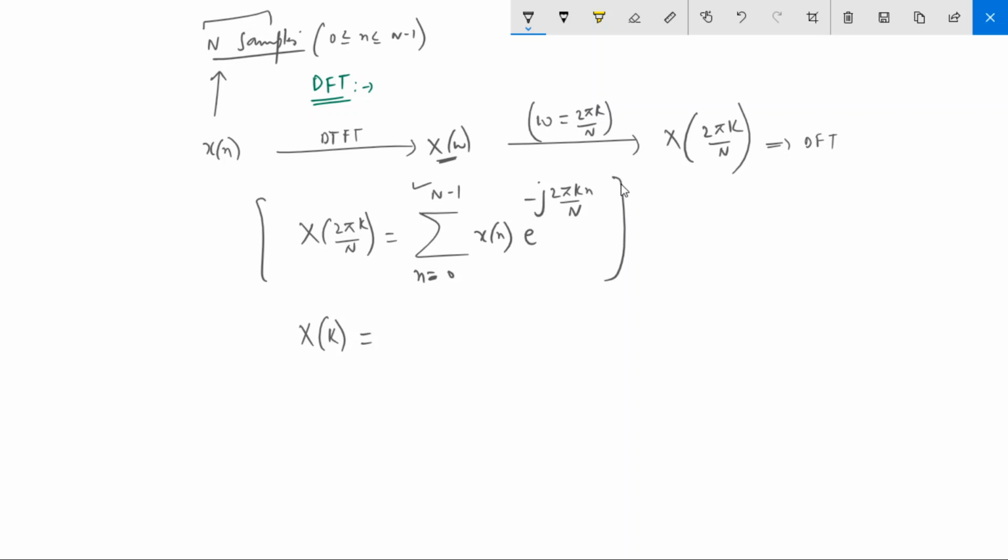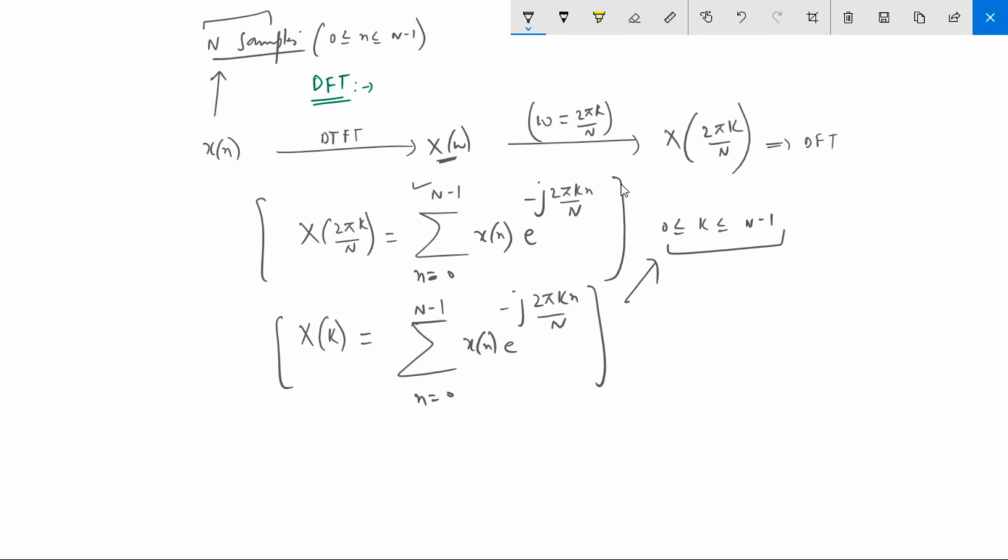We simply write the sample number, that is X[k], where k is between 0 to N minus 1. So you take N samples here. So X[k] is equal to summation of x[n] e raised to power minus j 2 pi k n by N, n from 0 to N minus 1. This is called the discrete Fourier transform.